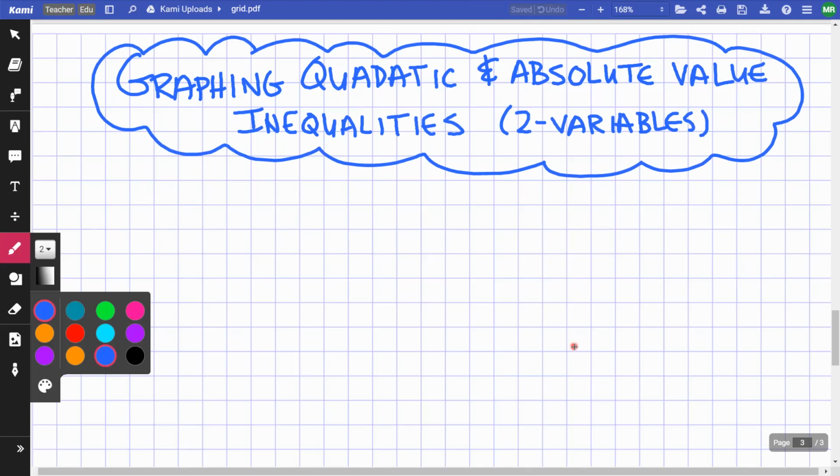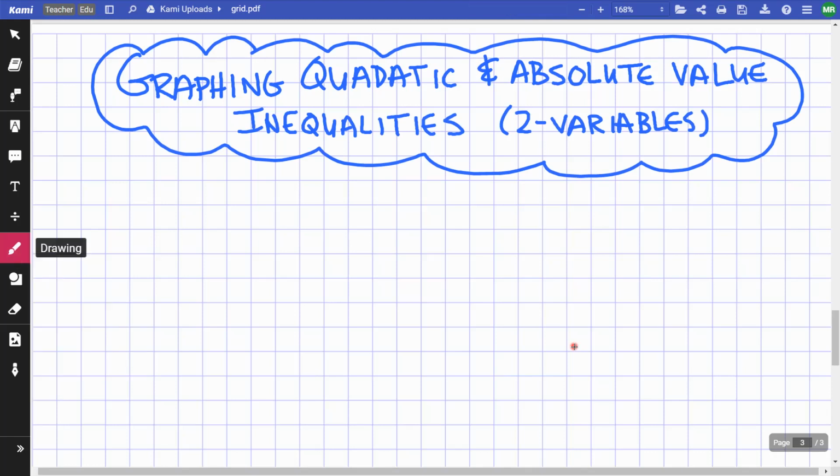So a couple things I'm just going to jot down for us is no matter what type of graph, whether it's a line like from integrated one or these parabolas or absolute value graphs, if you have Y is greater or Y is greater than or equal to.